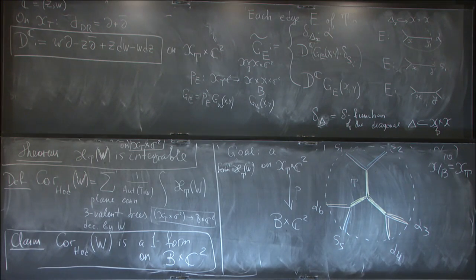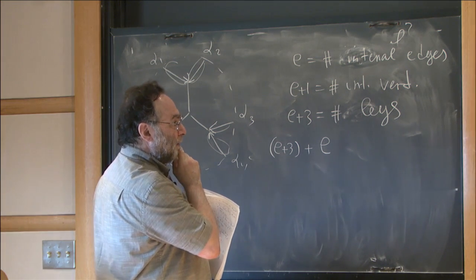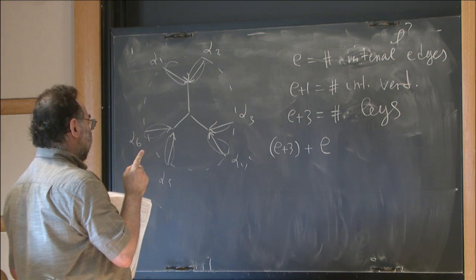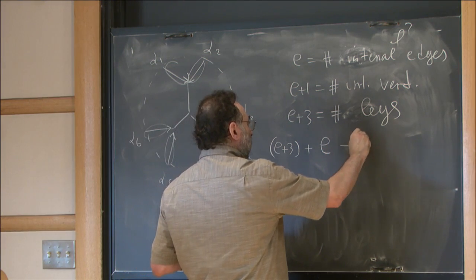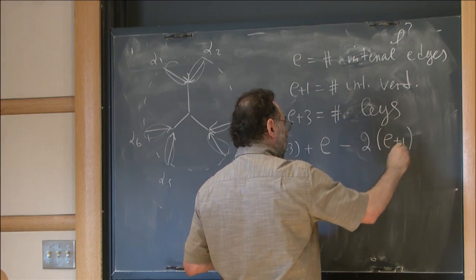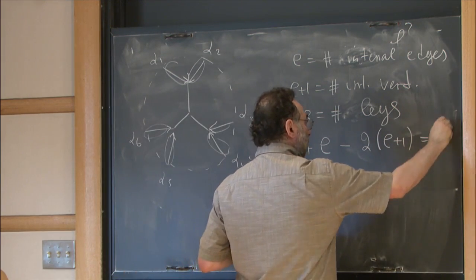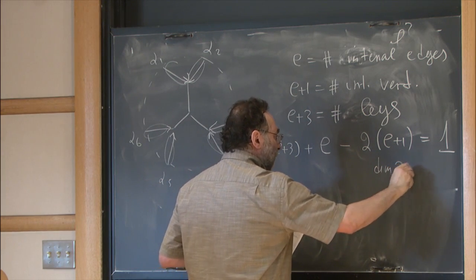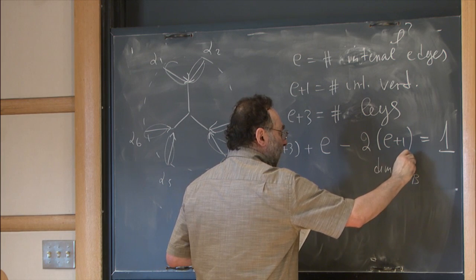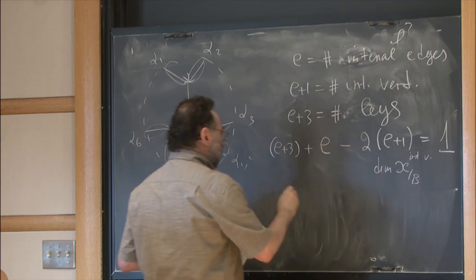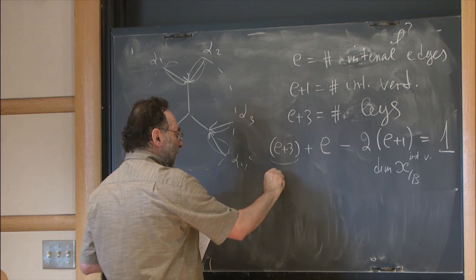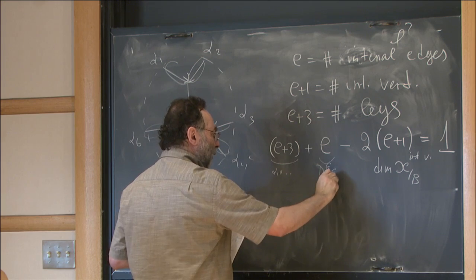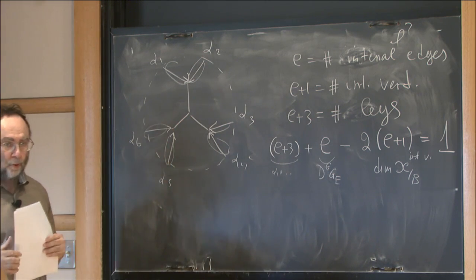And now we subtract the integration cycle, which is this one. So we end up with a number 1. This is the dimension of x to the number of internal vertices, and this is the form given by alphas, and this is the one given by the Green functions. So it's a one form.